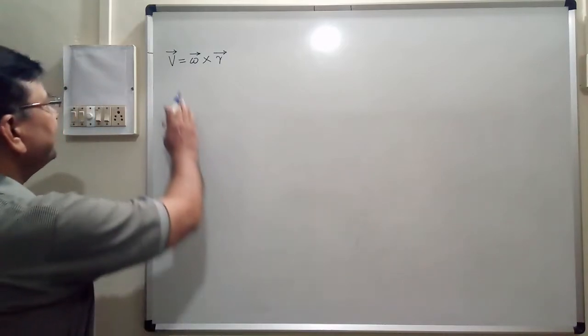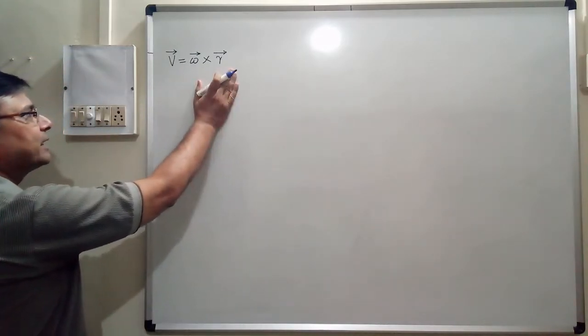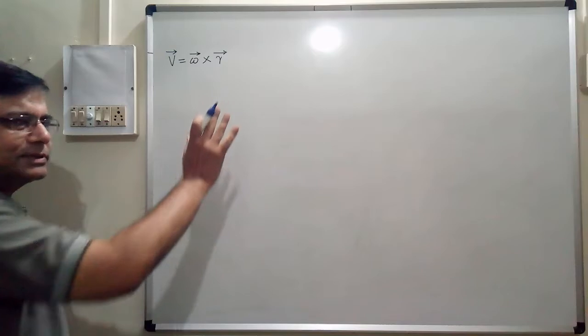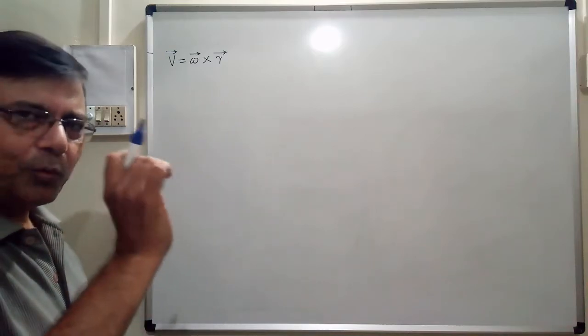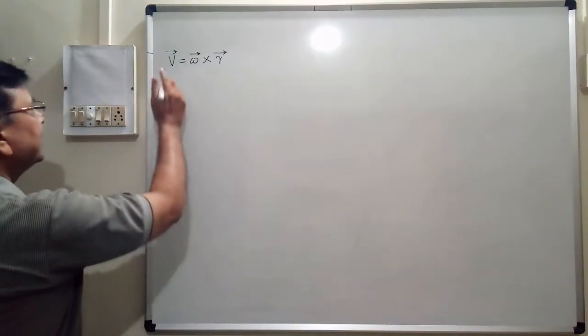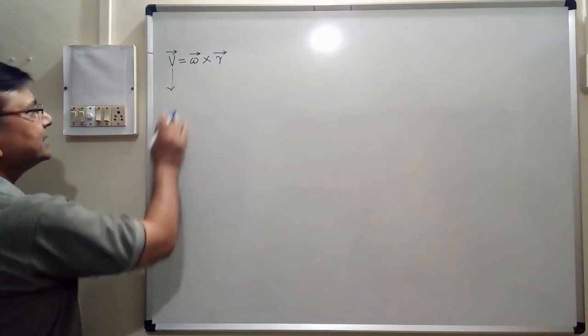See, this relation we know, V is equal to omega cross R in case of circular motion of a point mass, right? Where V, what is this?